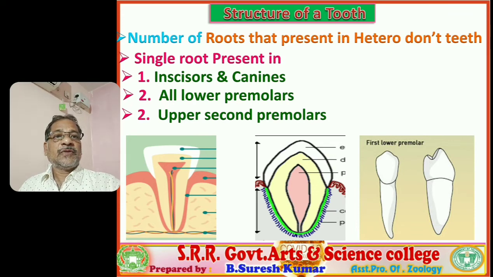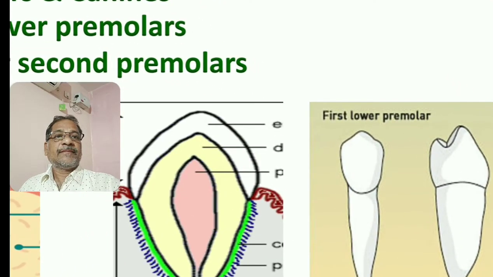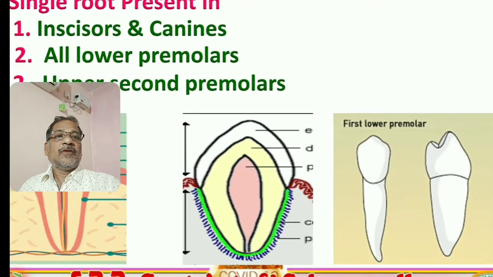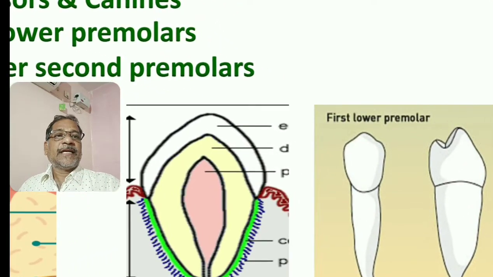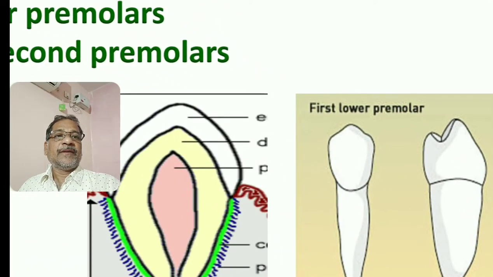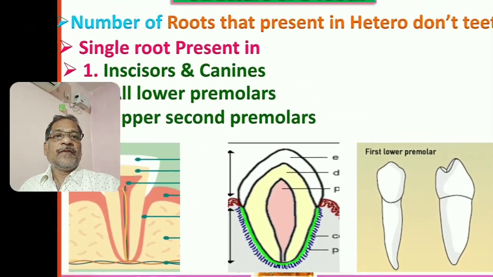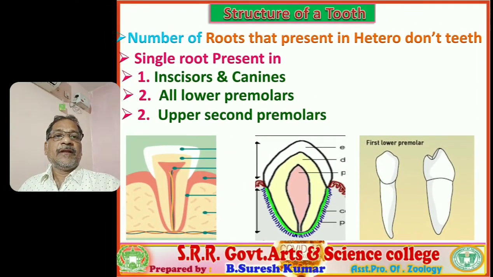You observe these two are premolars, the lower premolar, and another one, the upper second premolar, this one. So four variants of teeth. Remember, four variants of teeth showing a single root.